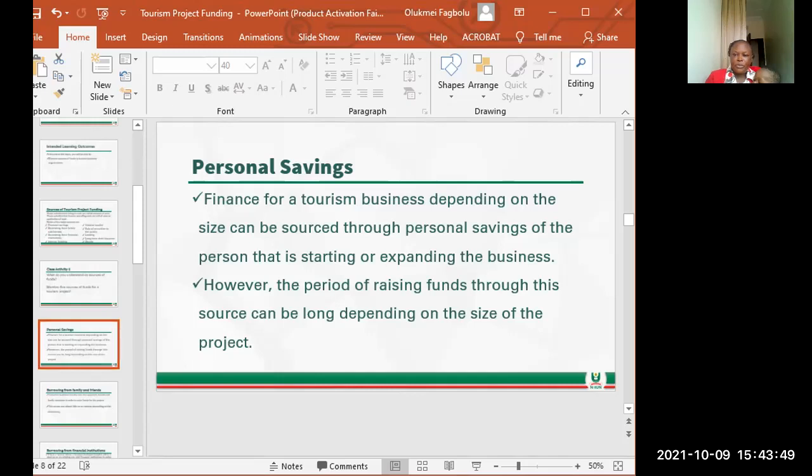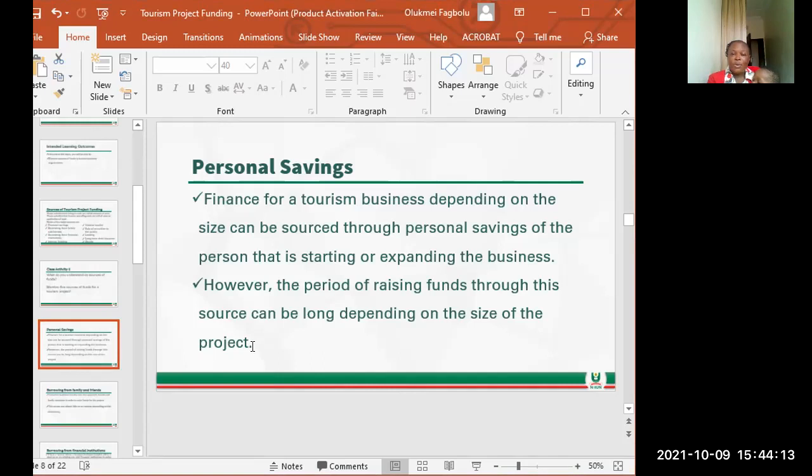So as we are saving, we can call that a source of funds for tourism projects.